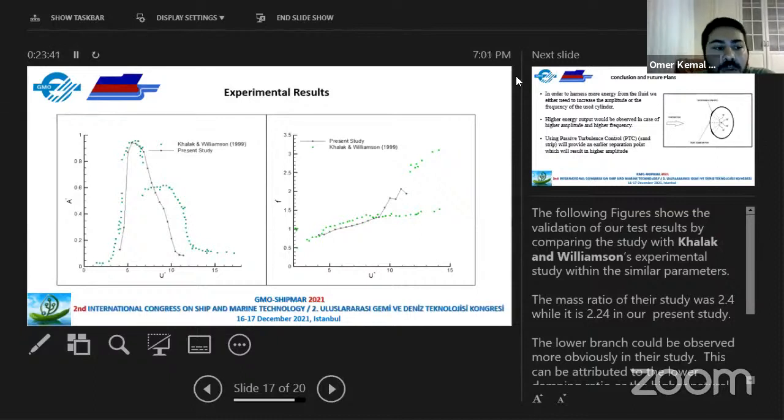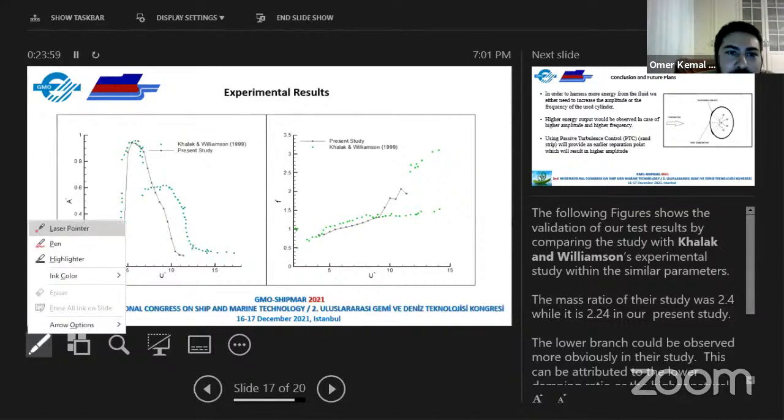And plus, at those Reynolds numbers, they noted hysteresis. For example, when they increase the velocity, you can see some spots here, and at the same reduced velocity, you can see two different amplitudes.